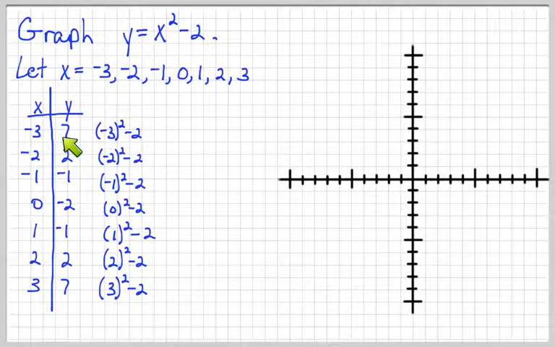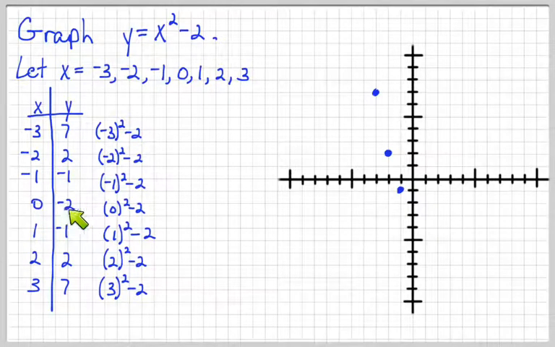So -3, 7 will go left 3 and up 7. Our first dot will go here. And then -2, 2 will go left 2 and up 2. Our next dot is here. Then -1, -1, we will go left 1, down 1. Third dot is here.